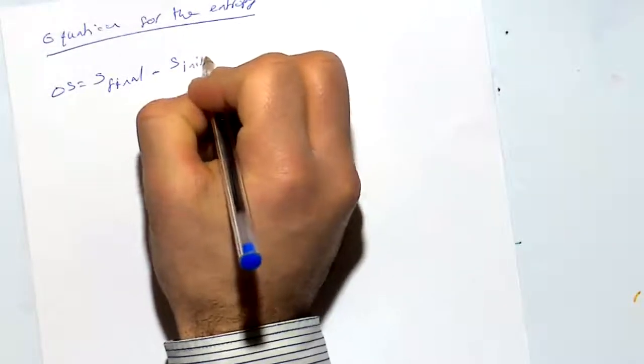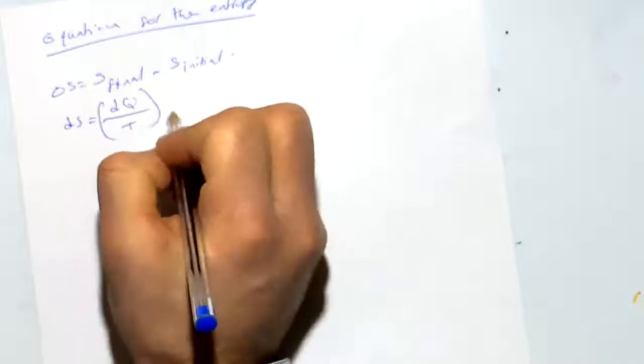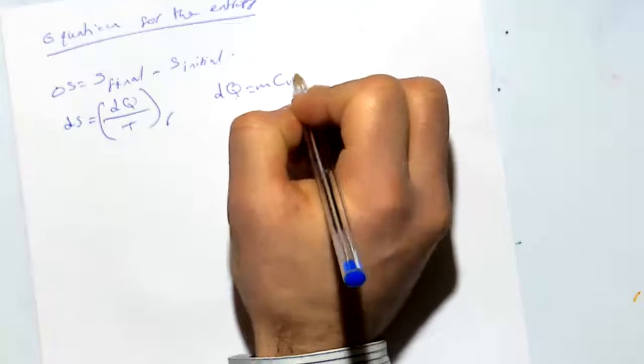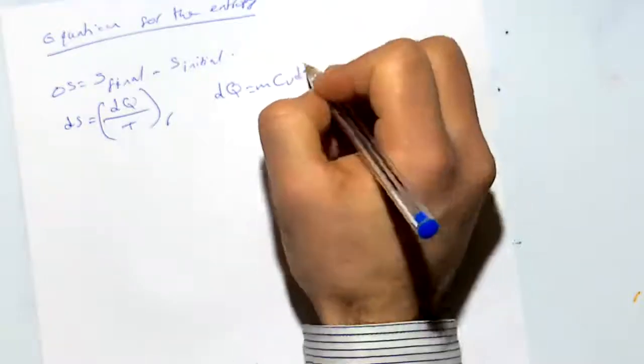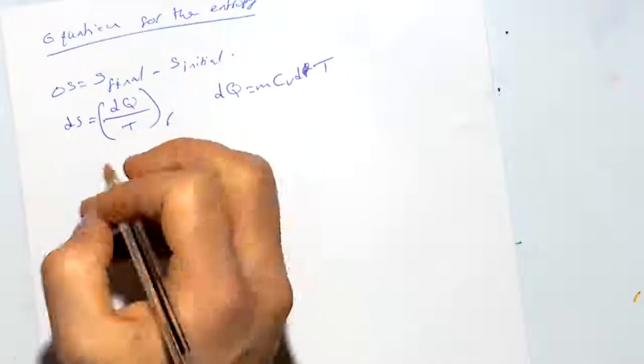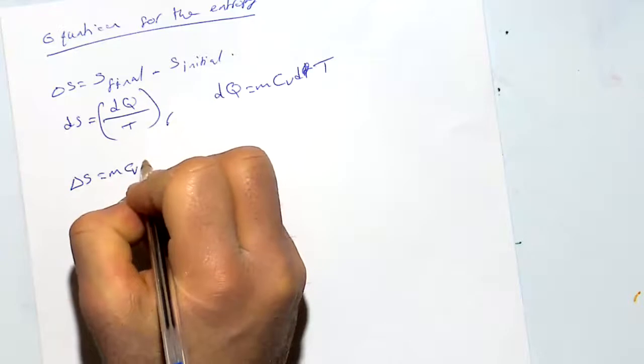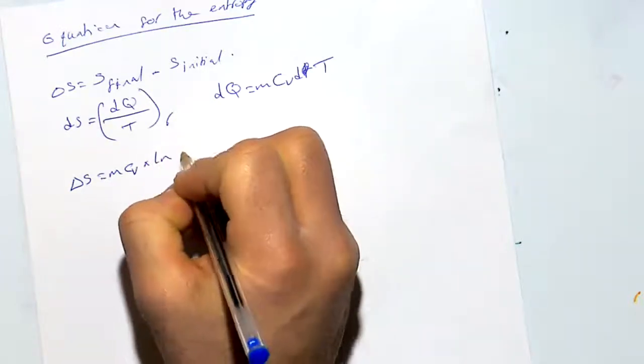Delta S equals S final minus S initial, and dS equals dQ over T for a reversible system. We know that dQ equals mCv dT. And delta S equals mCv times log of T2 over T1.